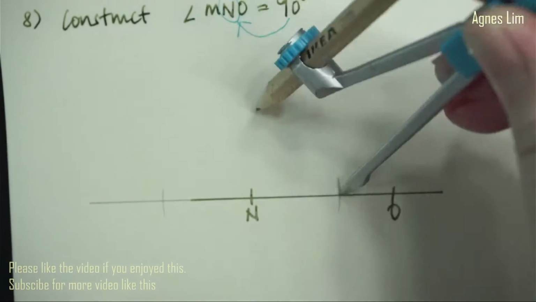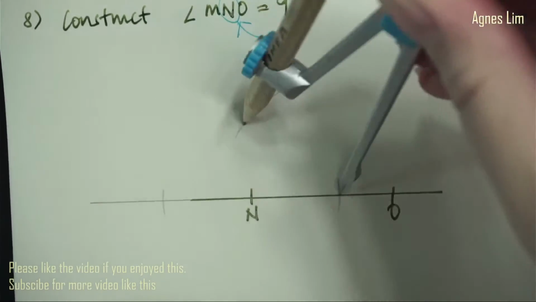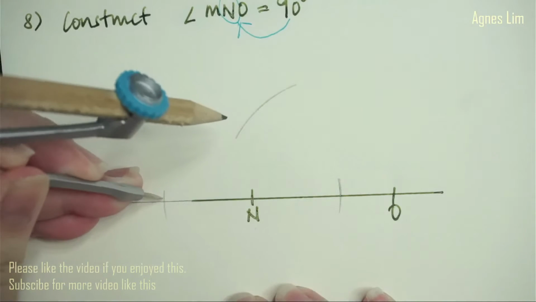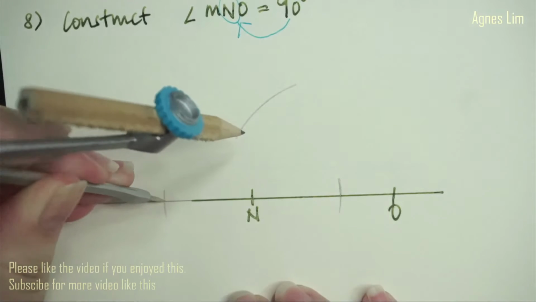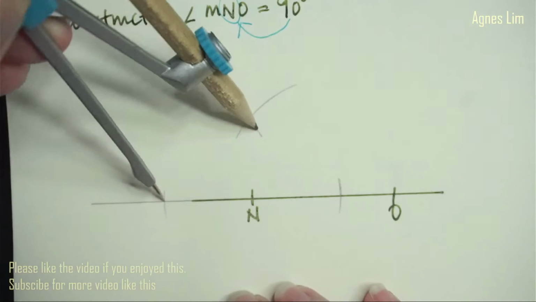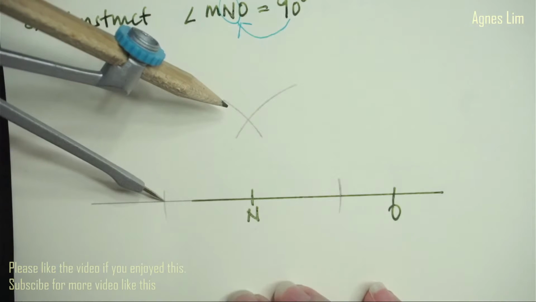I'm going to make my first side of the X and then move to the second one, and then make the second X here.